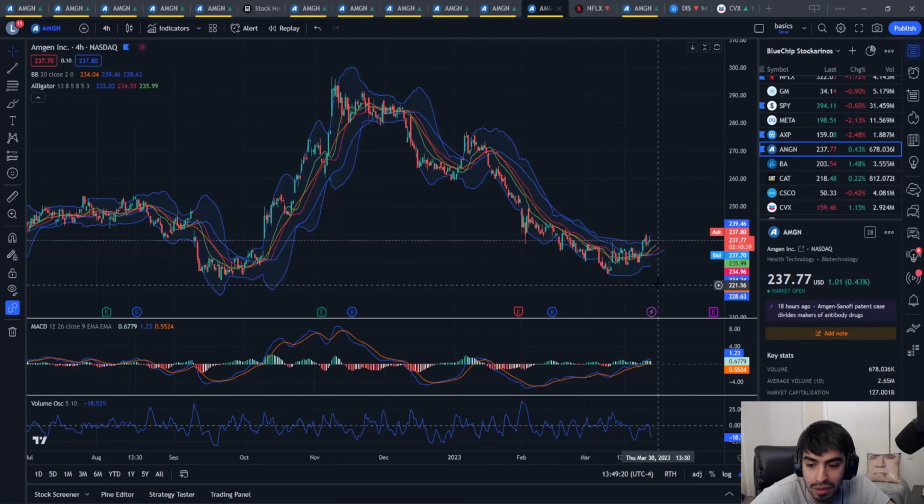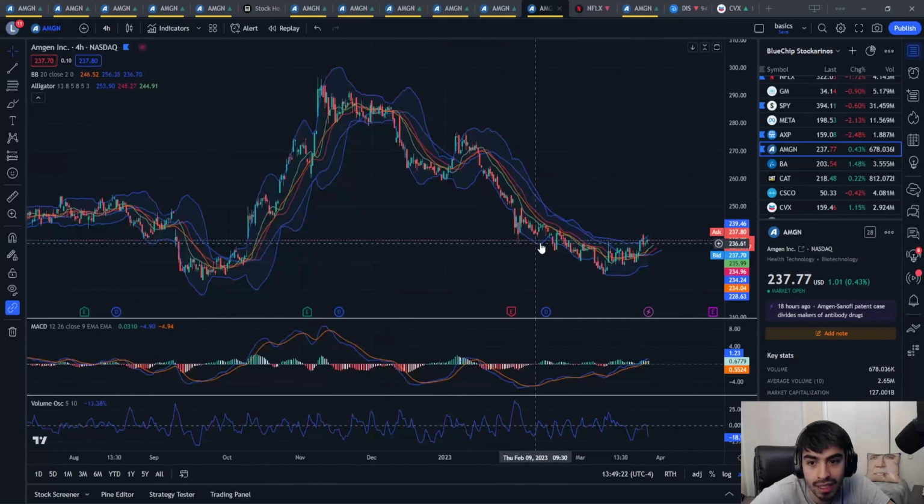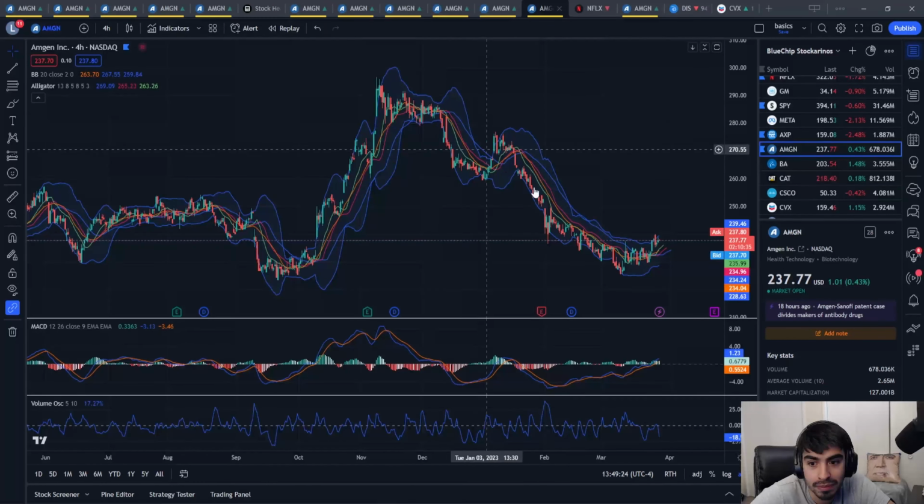I guess I saw a reversal right here. There's been quite the downtrend, but then there seems to be the start of a potential reversal. So I thought that was obvious and interesting.